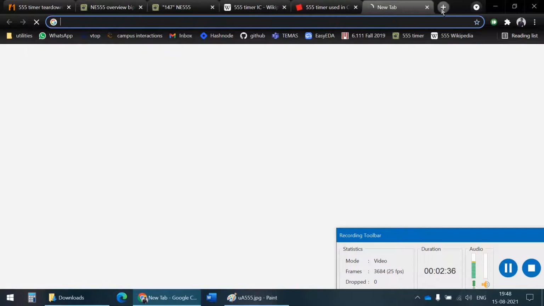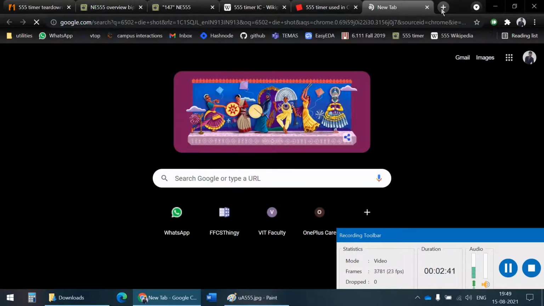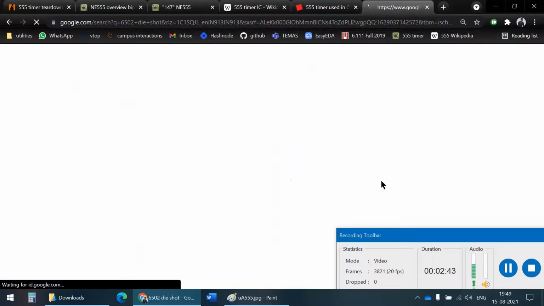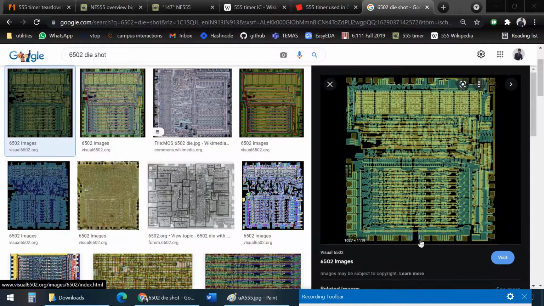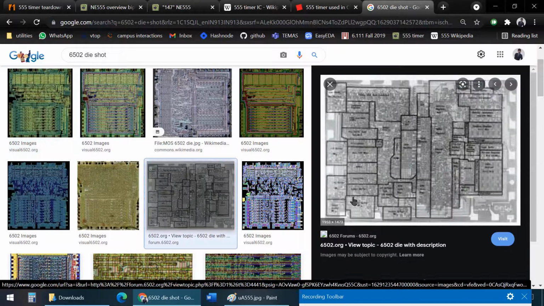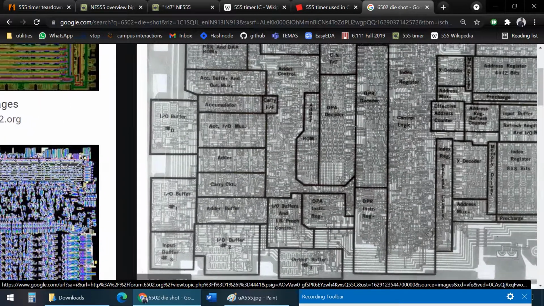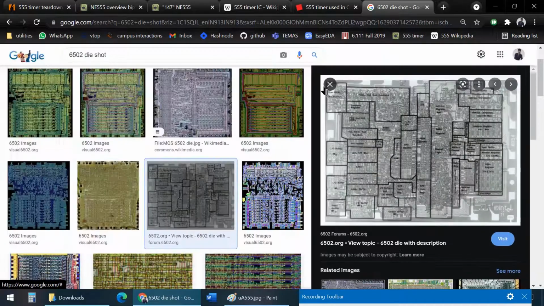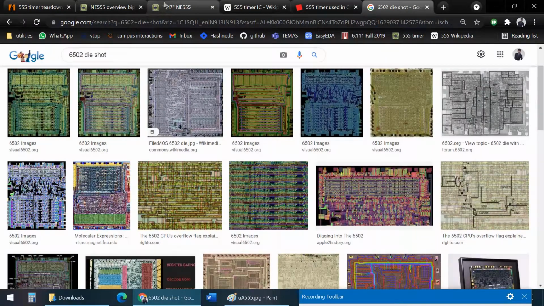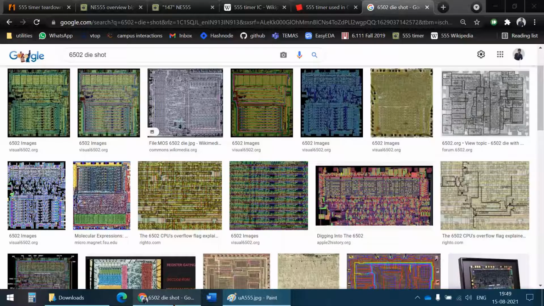So something like the 6502 has, so see, this should be a lot more complicated, as it has registers, adders, buffers, and so the individual transistors as such is a lot smaller. So that's what we're going to do. We're going to figure out from the transistors what the logic it implements is.